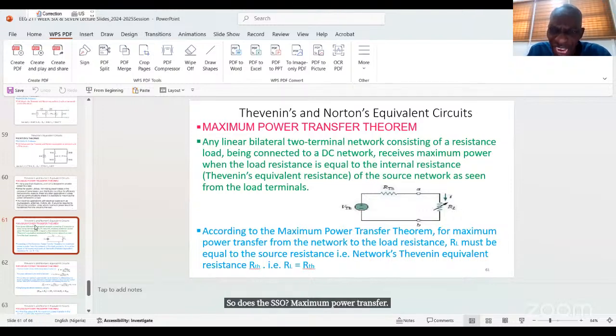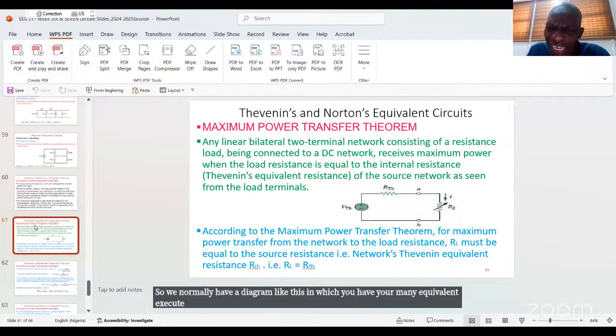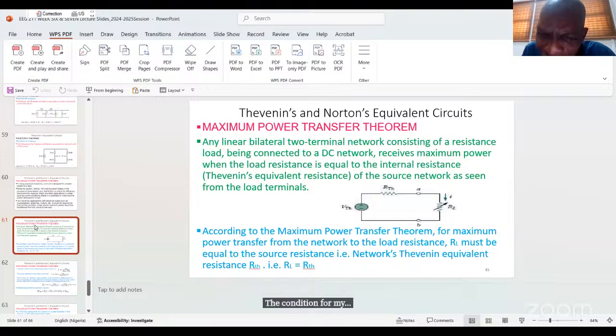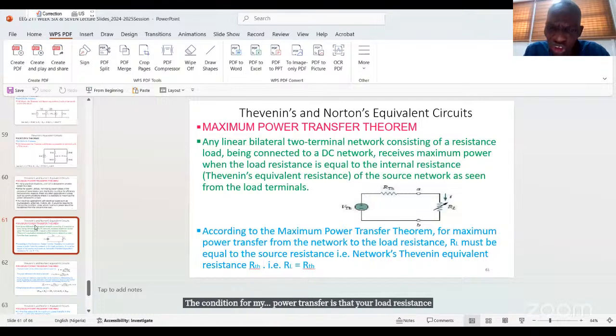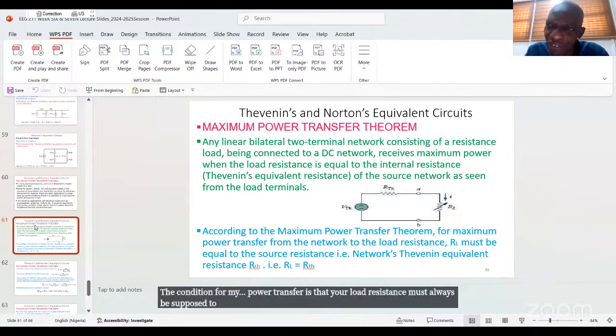So we normally have a diagram like this, in which you have your Thevenin equivalent circuit, and then you have the load connected to the end. The condition for maximum power transfer is that your load resistance must always be equal to your Thevenin resistance.